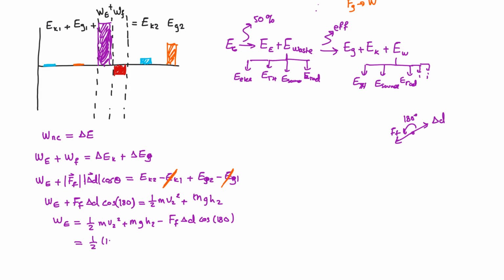The mass is 1,000. Velocity 2 is 15 squared plus 1,000. My gravitational acceleration is approximately 9.8. My height is 800 meters. I have my force of friction. The average force of friction acting on it is 120. The displacement, the car is traveling a distance of 2,000 meters, and cosine of 180 is -1.